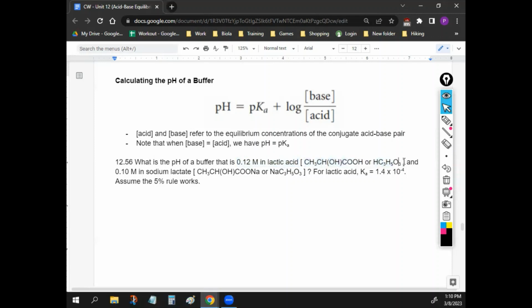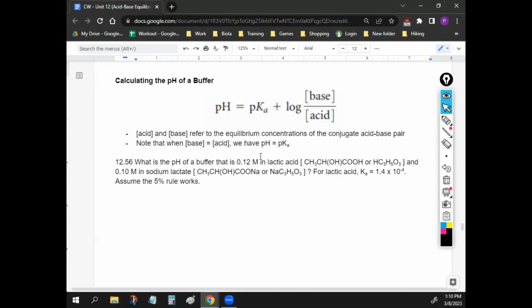You can use either of these. And 0.1 molarity in sodium lactate, and it gives you the equation right here. And then it gives you the Ka for lactic acid. You might be looking at this like, what is going on, right? There's way too many letters, so many words, so much math.